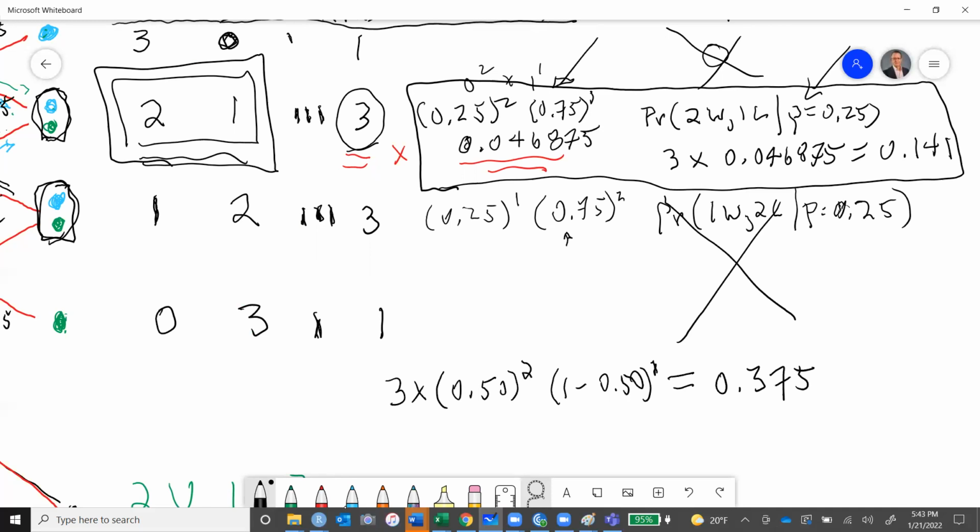And then we also have to do 3 times 0.75 squared, 1 minus 0.75 to the first power. Again, we do this on our calculators. Remember, 1 minus 0.75 is, if we go 75% of the time up, the rest of the time we go down, 25% of the time. That's 1 minus 0.75. And I think we get 0.422.